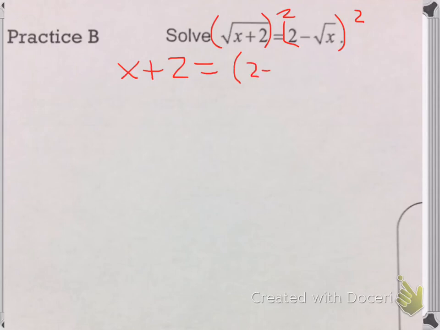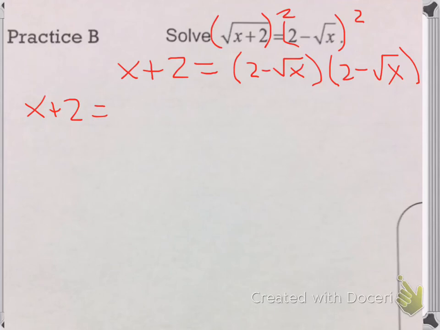I have 2 minus the square root of x times 2 minus the square root of x. And I have to do the multiplication there. So I'm just going to rewrite it as I go. I'll have 2 times 2, which is 4. 2 times a negative square root of x. And then I'll have a negative square root of x times 2, which is the same thing twice.